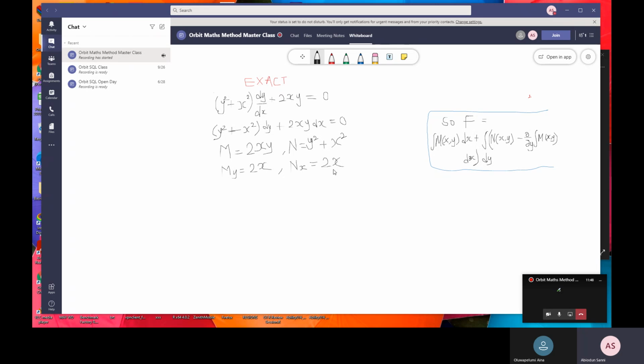Since the equation is exact, you can proceed to solve. Let's start with the grouping method.